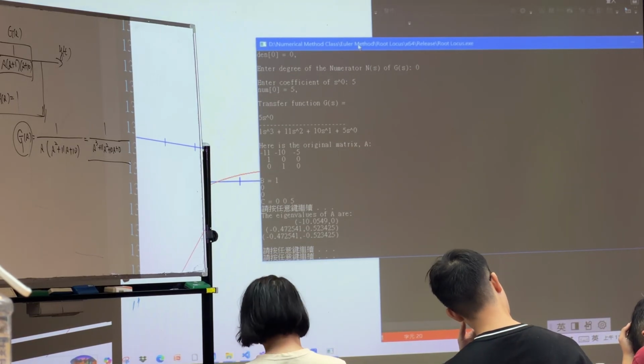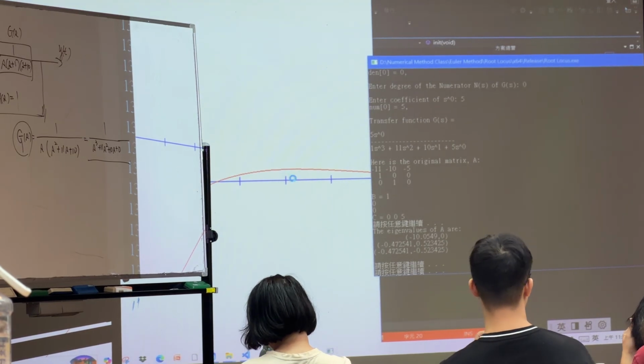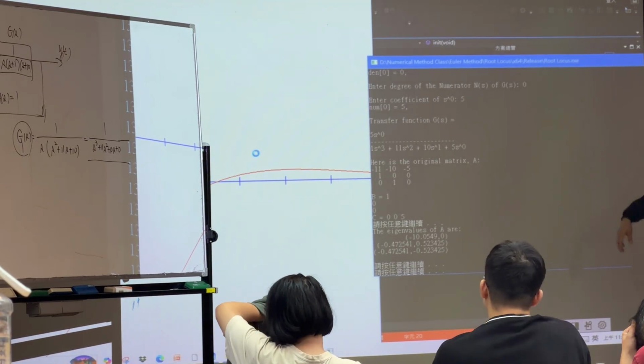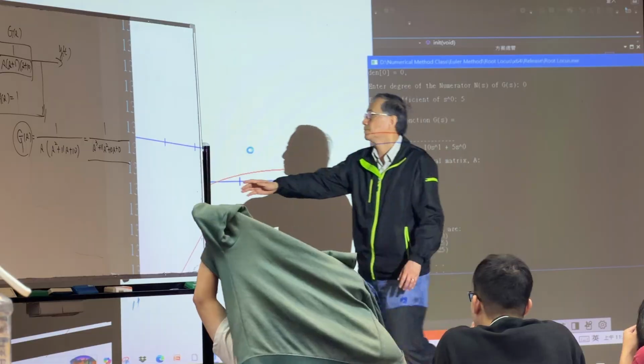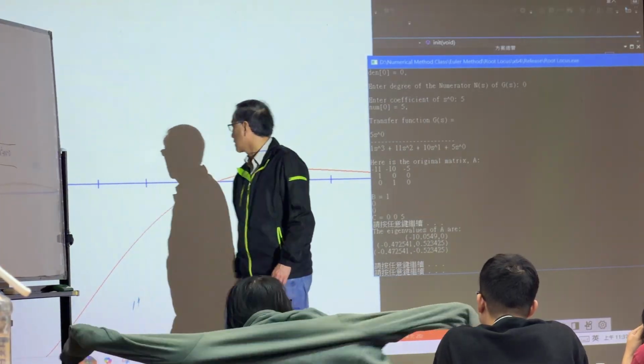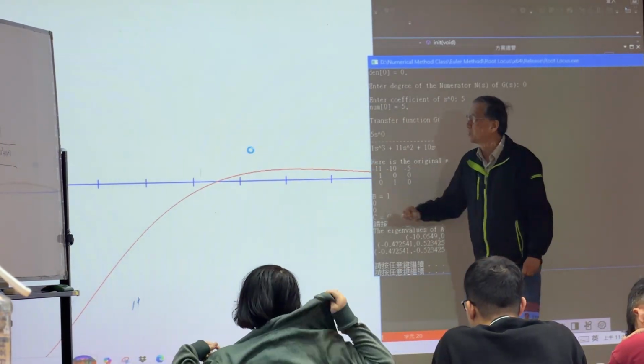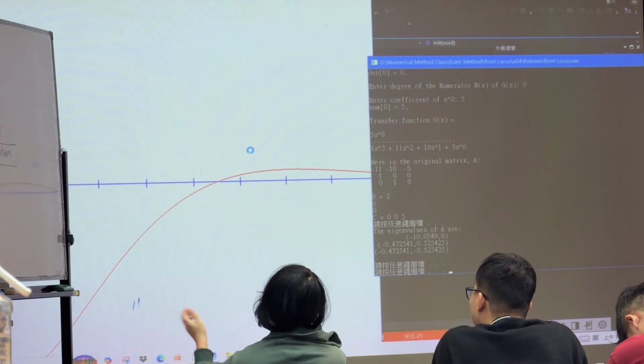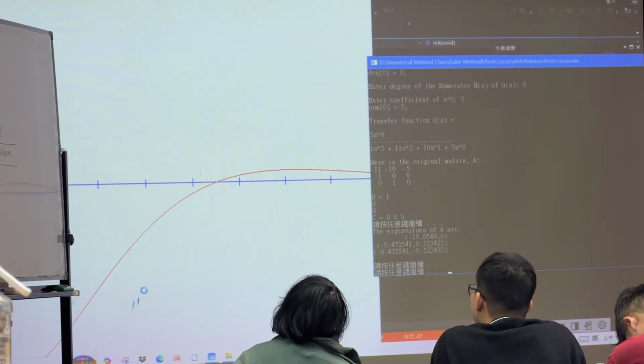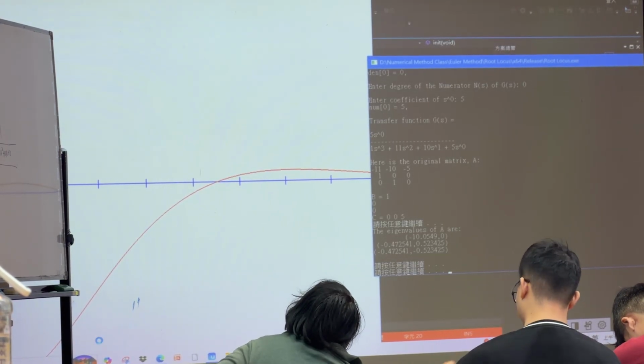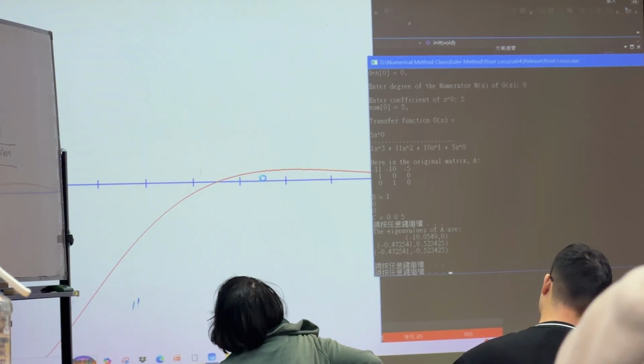So now you see, it comes up here. This is your step. Now it comes up closer to the step we want, higher than before. It was lower here, right?